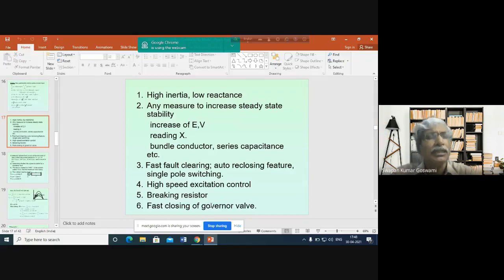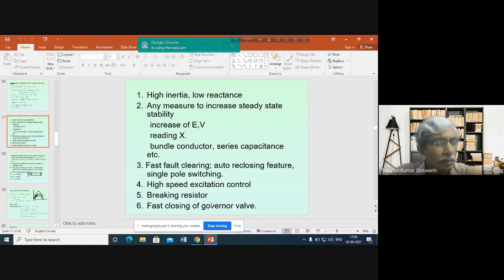That means instead of using conventional phase shifters, phase shifting transformers or conventional tap changing transformers, you can use these power electronic devices to have faster control of power and faster control of voltage. And when these controllers are used, transient stability also may be improved.